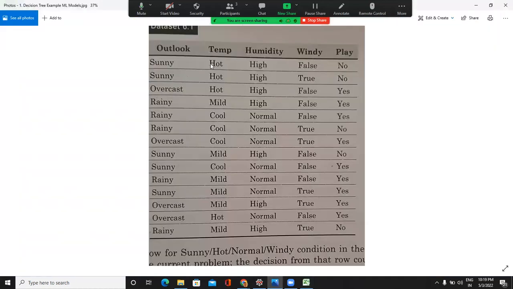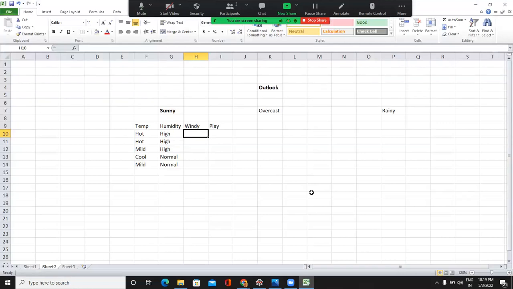Now in windy against sunny, what is there? False, true, false, false, true.